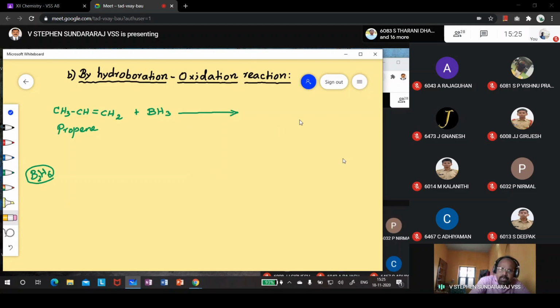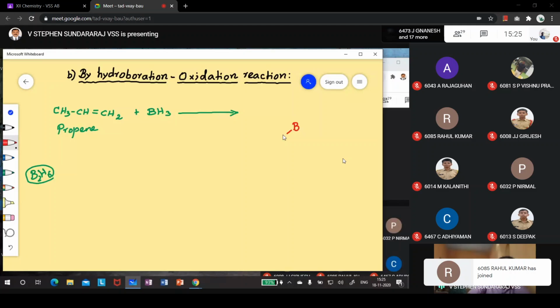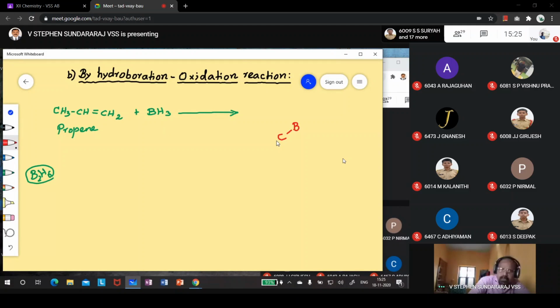So can you write the addition product? See, I am writing B, and here one carbon: C single bond, CH2, CH, CH3 with one hydrogen added, so CH3, CH2, CH2.